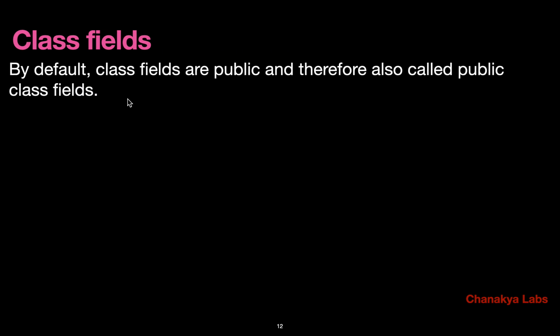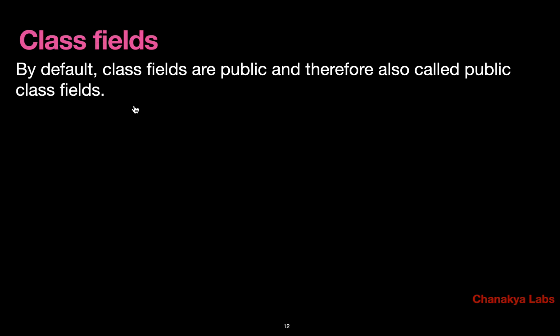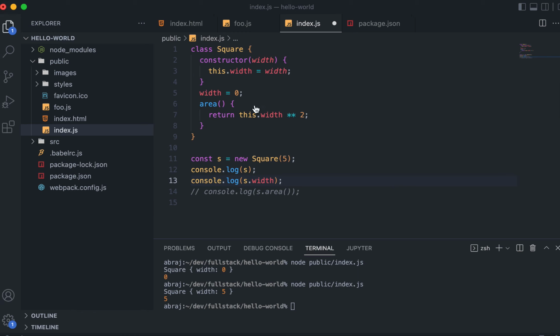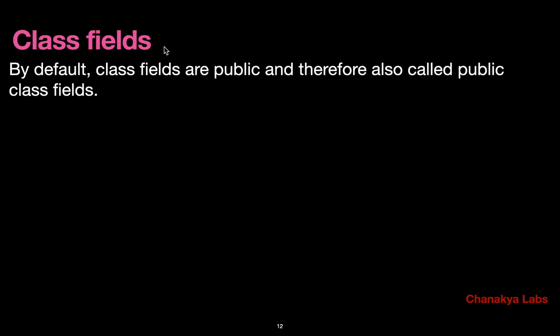Now, class fields. You can understand that these attributes, these properties which we are discussing, are also called fields or public fields. Later we will also see that there are ways of making them private, and in that case they are called private class fields.